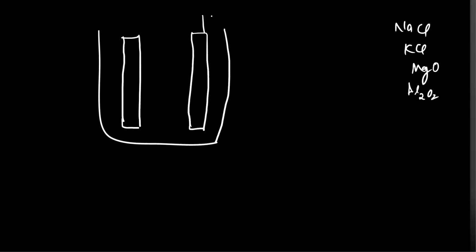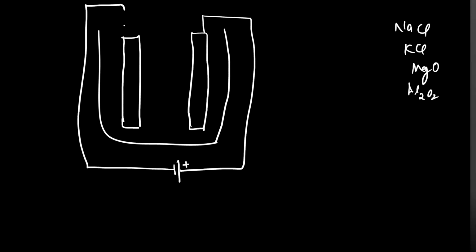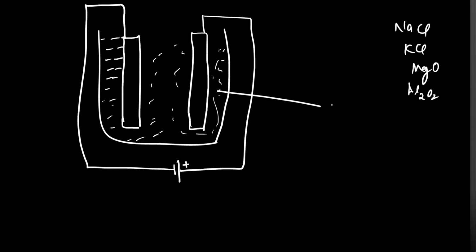This is the positive terminal and this is negatively charged. And we have molten NaCl inside it. Don't use aqueous, only molten NaCl. So when we heat it and it melts, what is going to happen?